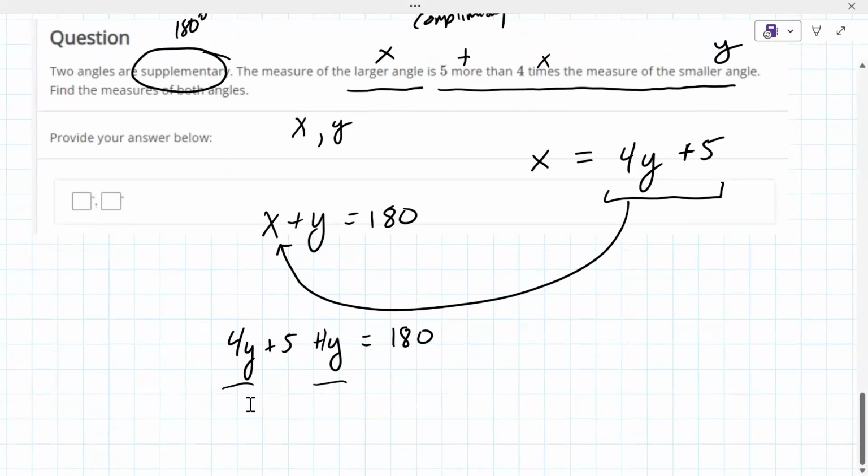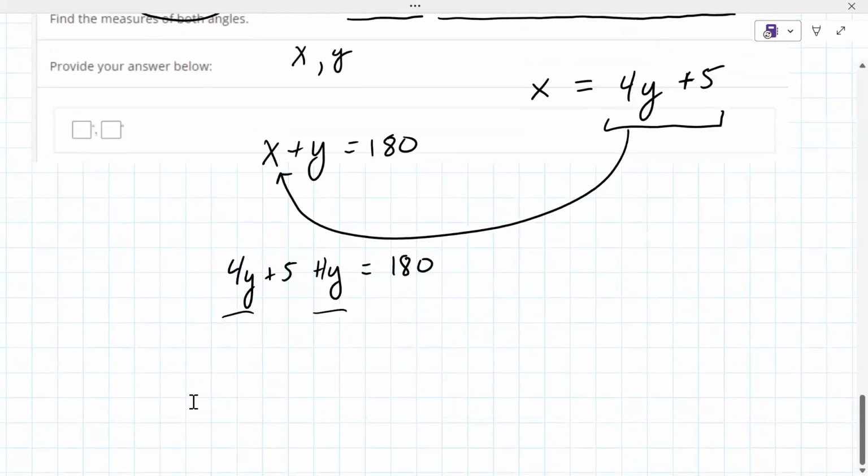What can you do with those two terms that I've underlined? Divide? Well, eventually, but right now they're on the same side. Eventually, you can combine them. You can add them together. So 4y plus 1y is 5y plus 5 equals 180.